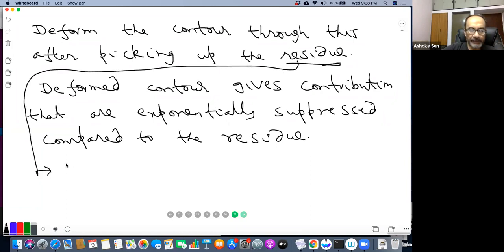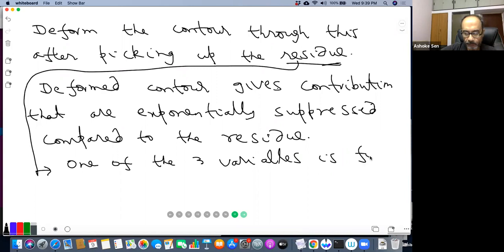So here you see already one variable is fixed. One of the three variables is fixed by rho sigma minus b square plus v equal to 0 condition.